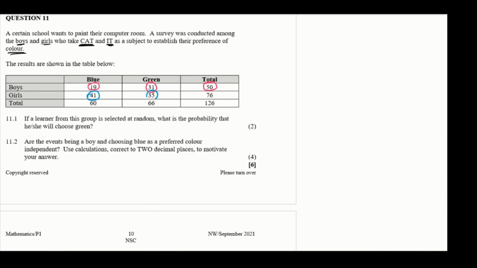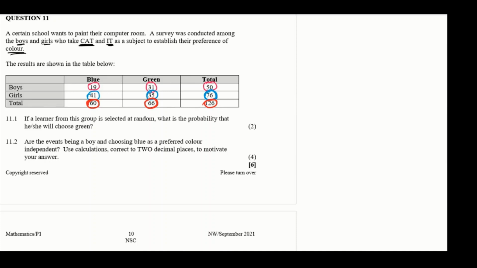Those that prefer it to be green are 35, sorry. So the total number is actually 76 girls who have decided on the color of the room. Then at the end, it's the total number of boys and girls that prefer the room to be blue, and this is the total number of boys and girls that prefer it to be green. This is the total number of both boys and girls, 126.